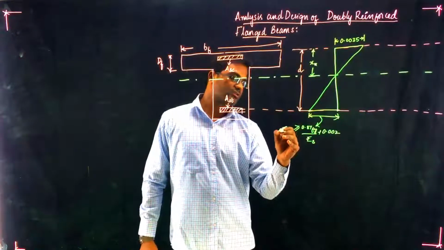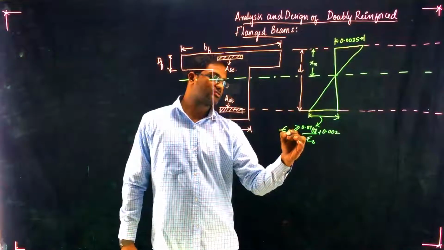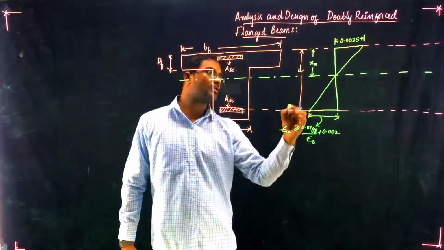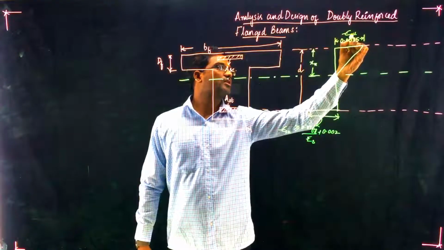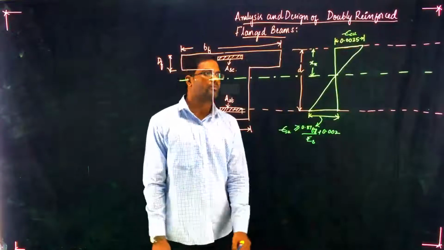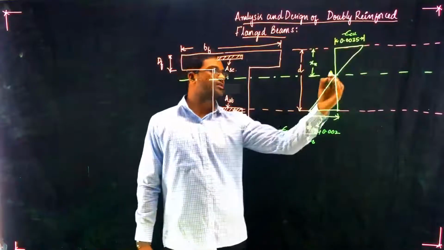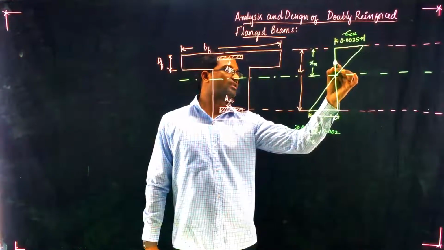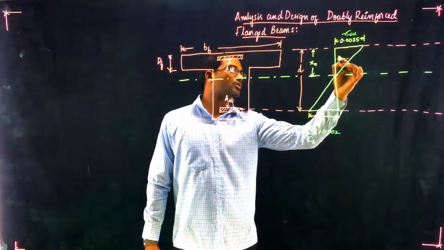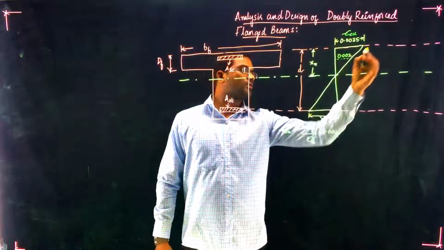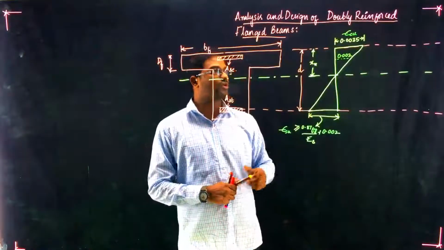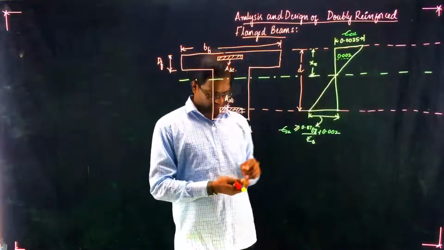This is stated as the ultimate strain in steel. This is stated as the ultimate strain in concrete. Now there comes a strain value of 0.002. So why are we plotting this 0.002?